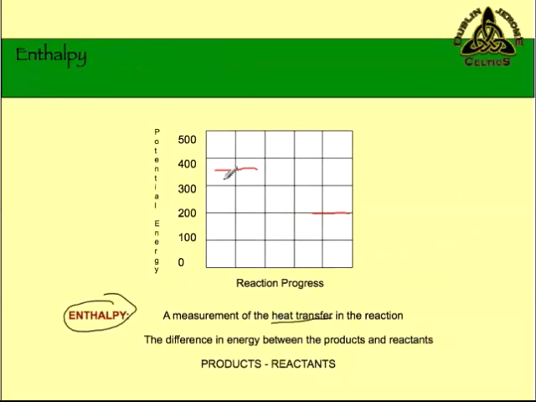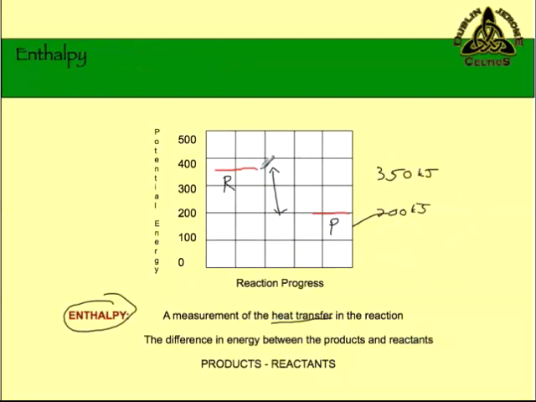Okay, so again here, I've got the reactants I'm starting with, and the products are at the end. So what is the enthalpy of this reaction? Well, it's going from here to here, starting up at 350 for the reactants, and I'm going down to 200 for the products.